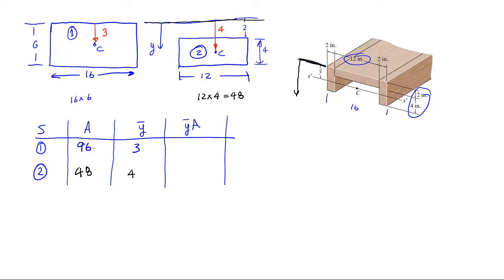So now all I need to do is multiply 96 and 3. Gives me 288. Now I need to multiply 48 times 4, gives me 192.